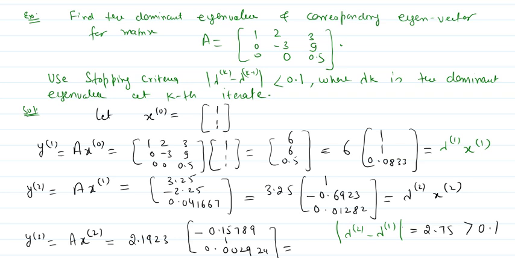So I say this is lambda 3 x3, and now I compute the error, that is lambda 3 minus lambda 2, that comes out 1.0577, still bigger than 0.1, so we need to continue.